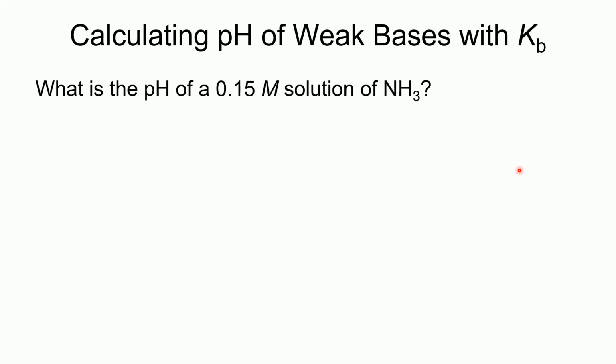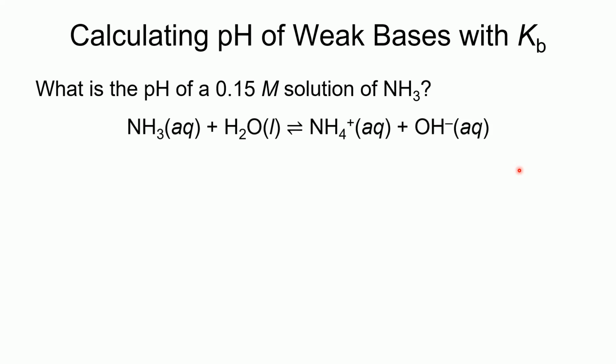Well, the first step whenever you're doing one of these pH calculations with a weak acid or a weak base is to write out the equilibrium reaction. So here's the equilibrium reaction. We saw this one a few minutes ago. Ammonia plus water gives us ammonium ion plus the hydroxide ion.